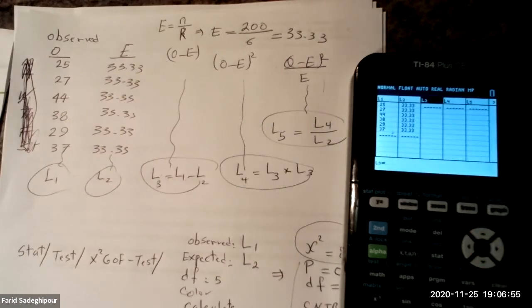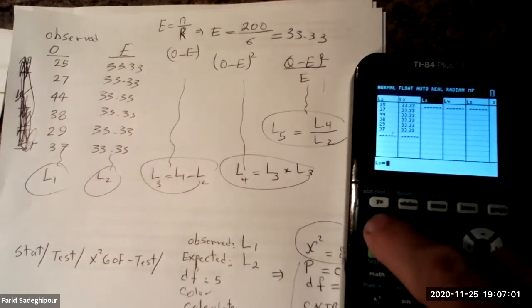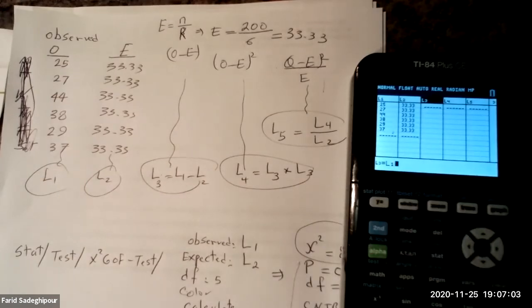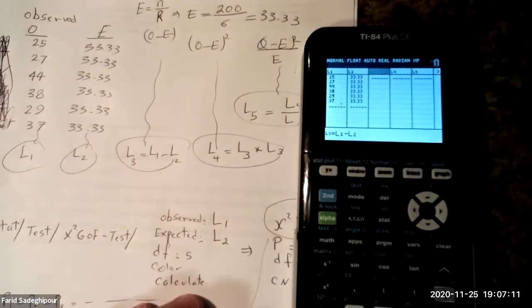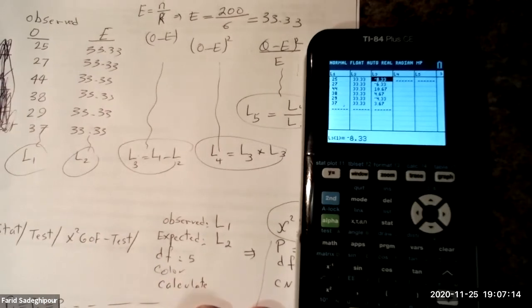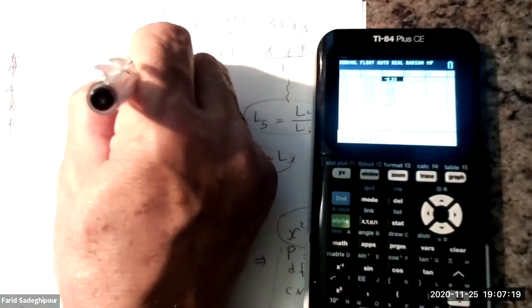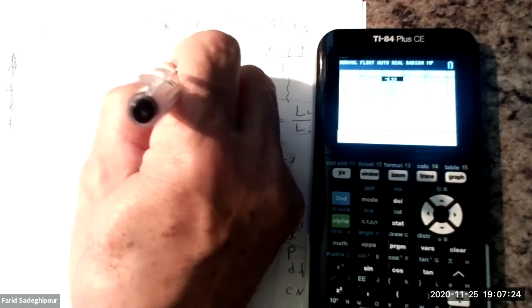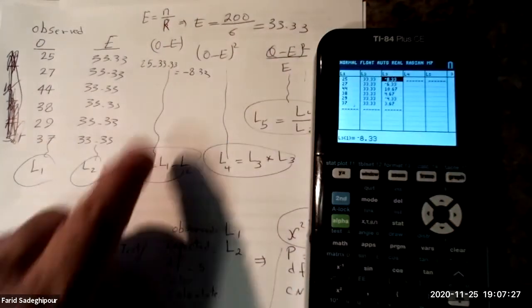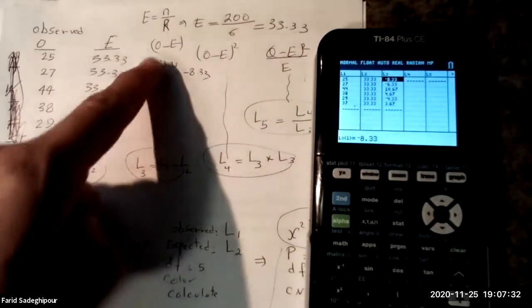You go to L3, and you put L1 minus L2. That gives you the difference. The first one is minus 8.33, so 25 minus 33.33 is minus 8.33. That's how you get that number in the calculator. So you take all these numbers and list them here.